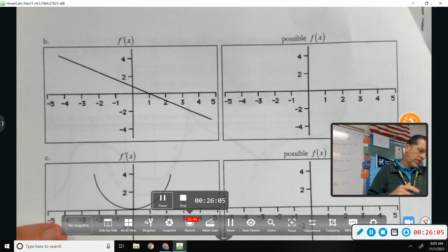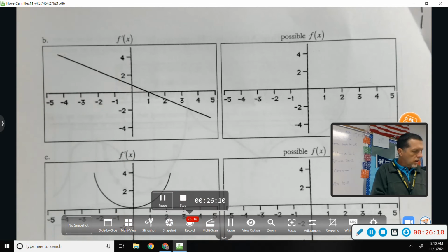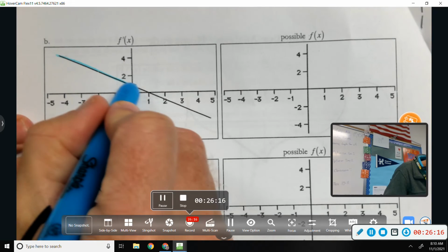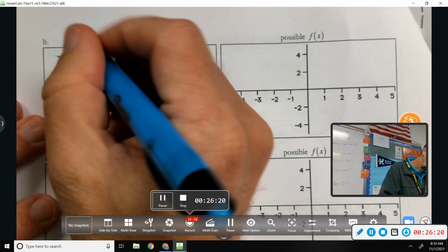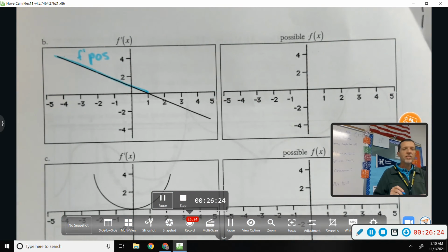Let's see. F prime. What would you say about f prime up to 1? It's positive over there. What does that mean about f? If f prime is positive, then what's f?